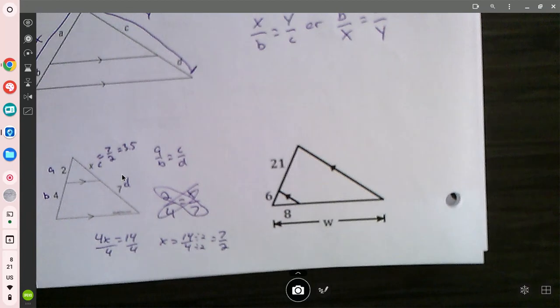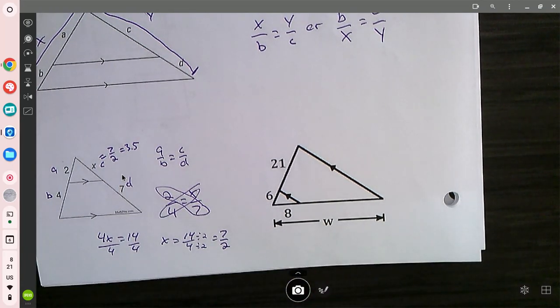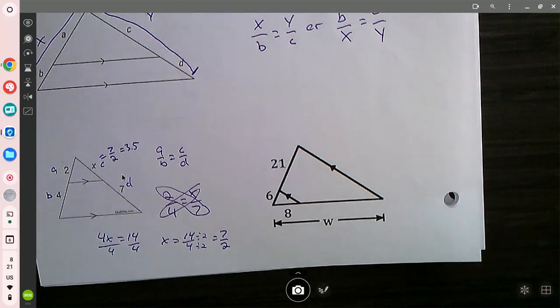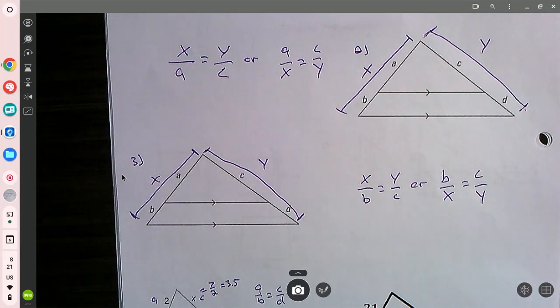Alrighty, let's go ahead and go to the example to the right. So I'm looking here, we're trying to solve for the whole side of the big triangle, which is labeled as W. So going back to my equations, to know the full distance, I need to know the other full distance as well, right?